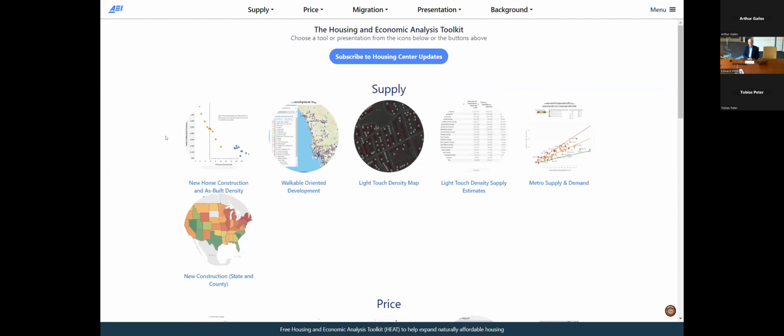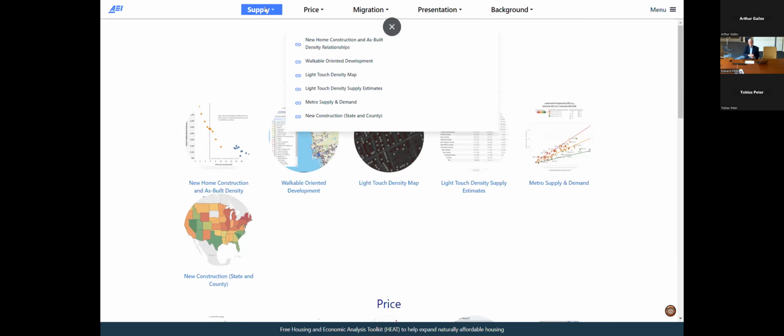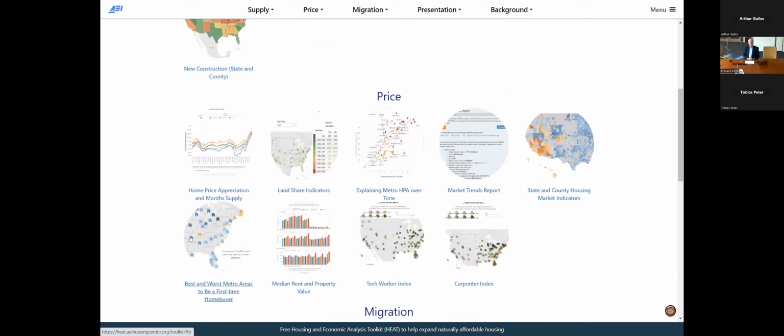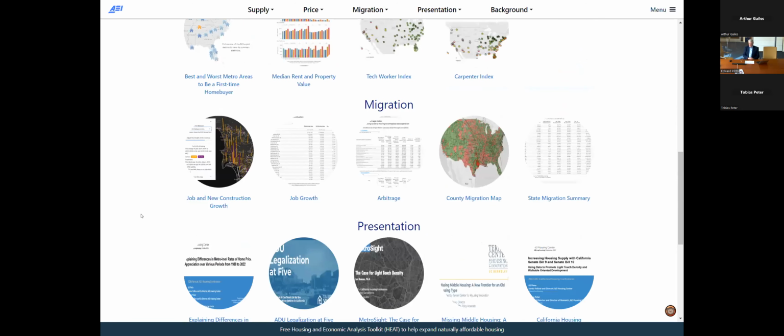This is the way the toolkit appears. It's organized into various pieces. This is the supply piece, with 6 tools. We have a price component with 9 tools, and a migration component with 5 tools.